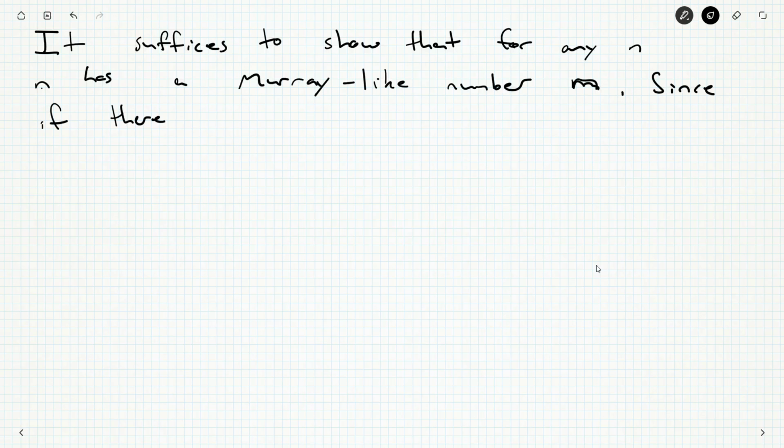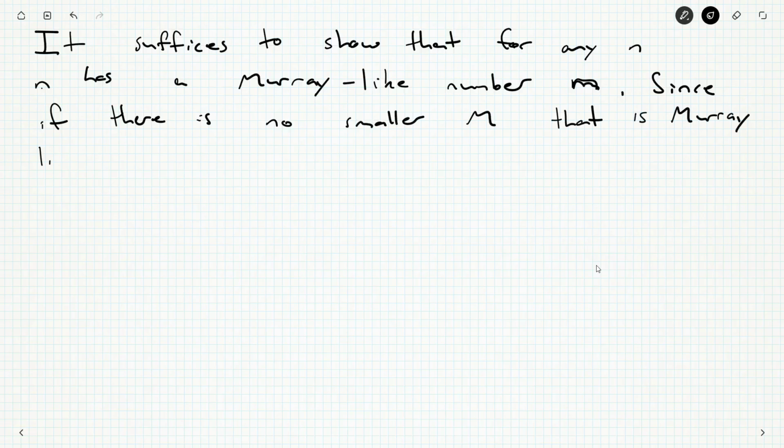Since if there is no smaller m that is Murray-like, then m is the Murray number.